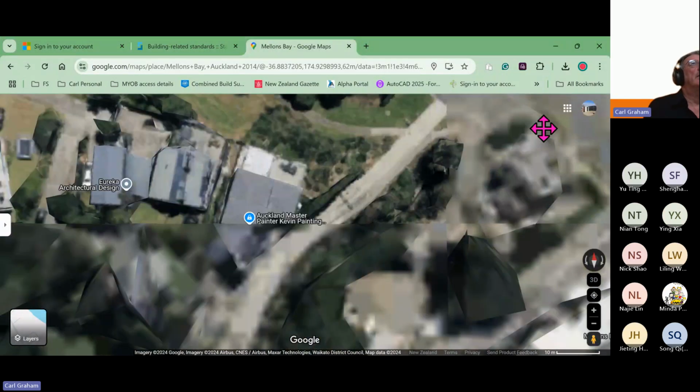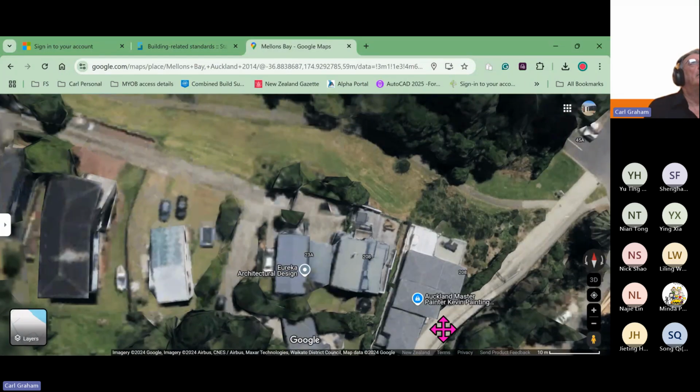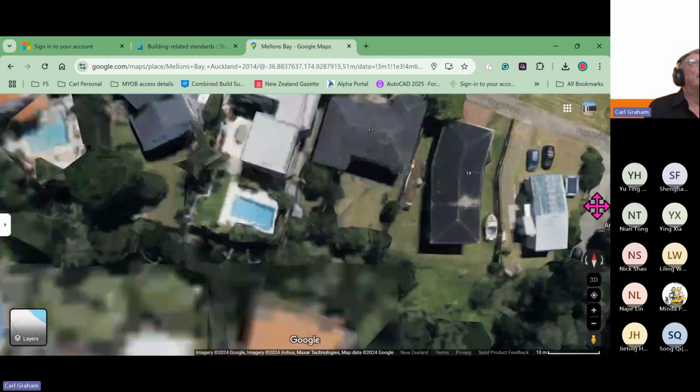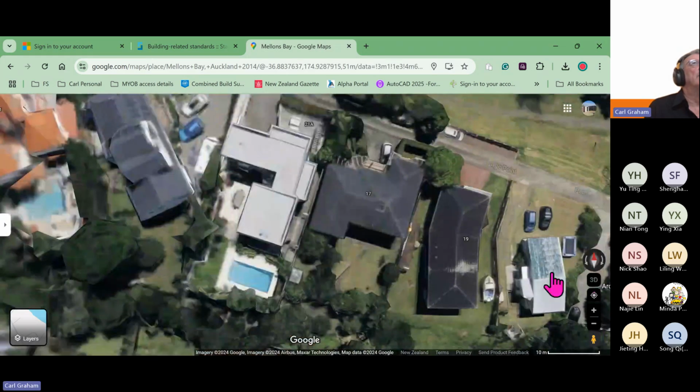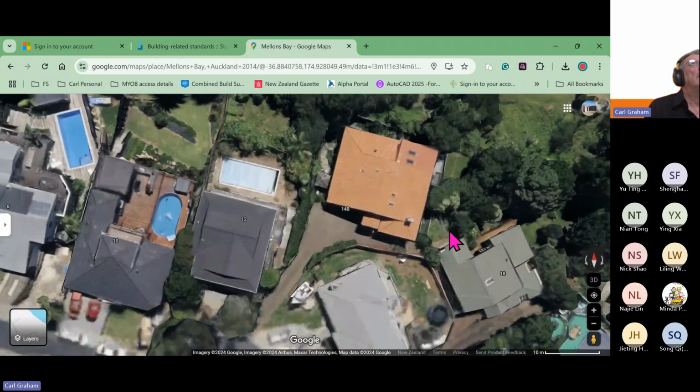There are these sections here, and it's up in here.